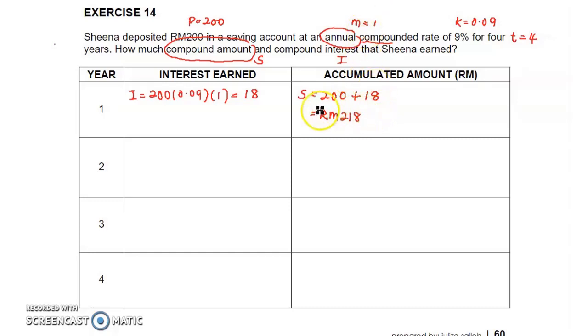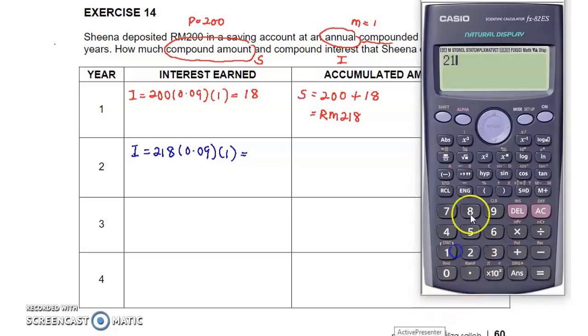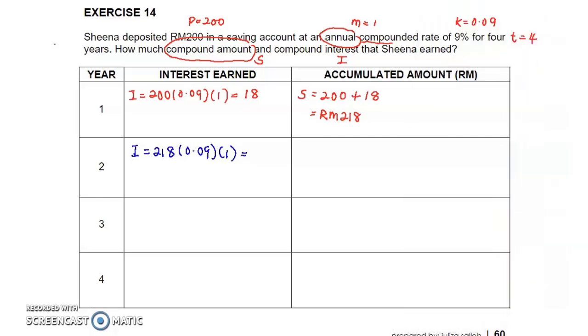This value of 218 ringgit will be the new principal in the calculation of interest for the second year. So for the second year, I equals 218, now the principal has changed, multiplied by the rate. So 218 multiplied by 9% is 19 ringgit 62 cents.